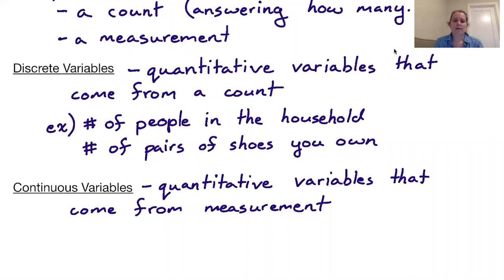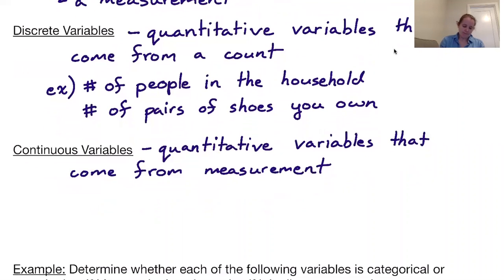So if we're talking about, for example, someone's height, when we measure height, usually we measure it in inches and maybe go to the nearest quarter inch. But theoretically, if you have a precise enough tool, you could say someone is 64.37928 inches tall.